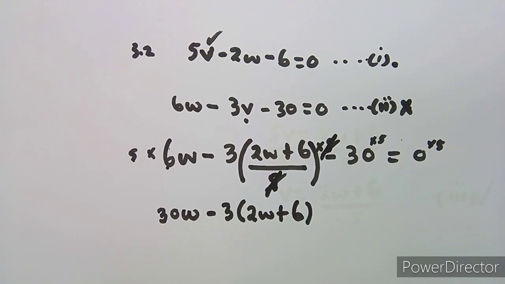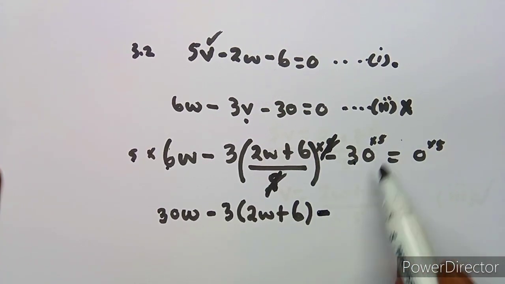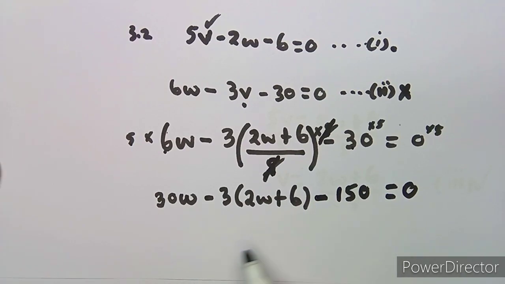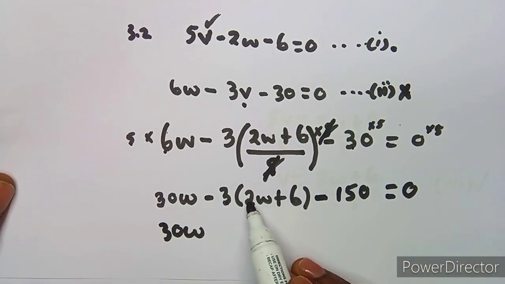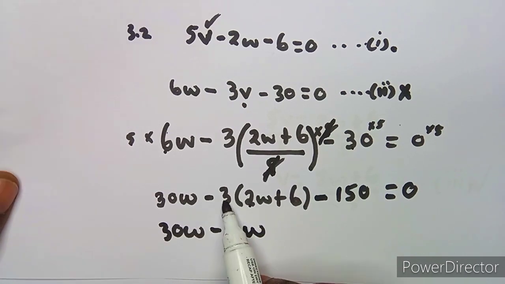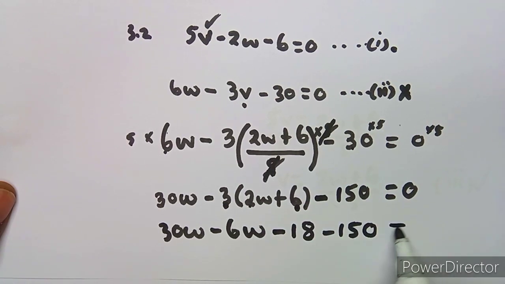So that part is going to be totally removed. All right, then we've got minus 30 times 5, which is 150, then 0 times 5, which is 0 there. So expand brackets, that's what you are left with, guys. Minus 3 and 2 gives minus 6w, minus 3 and positive 6 gives negative 18, negative 150 equal to 0.